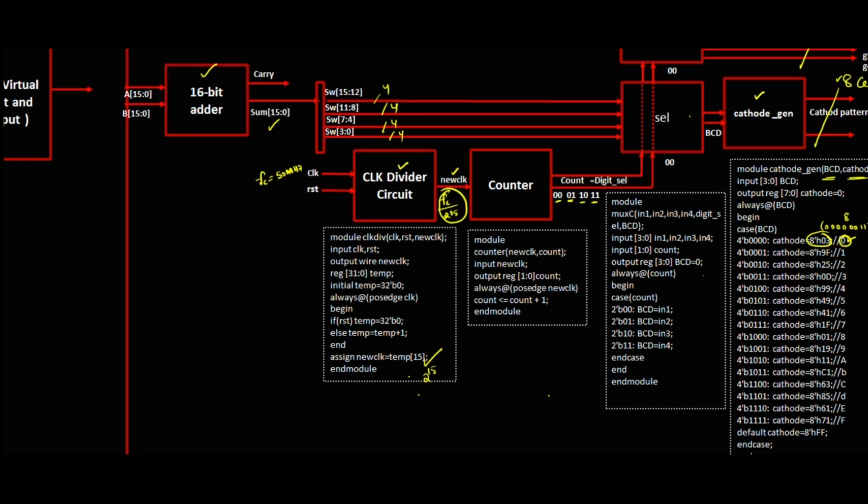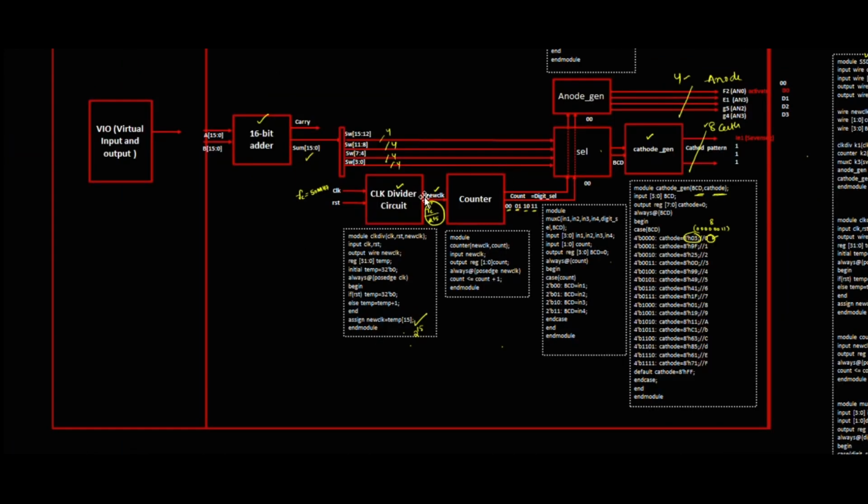So all the digits will be displayed over here, and as we write the code for these modules, the clock divider and counter, the selection module, anode generator and cathode generator, if you add all these blocks, automatically the inputs that we give will drive the segments: the first input will drive the first segment, the second input the second, then third, fourth, and so on.